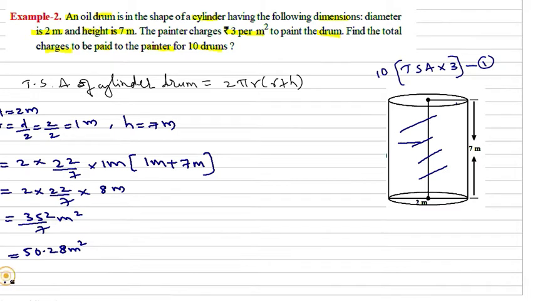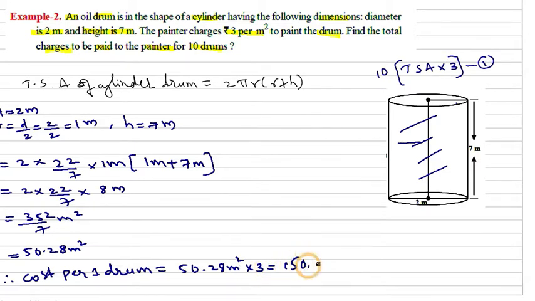Now cost per 1 drum is equal to 50.28 meter square into 3 rupees, which is equal to 150.84 rupees.